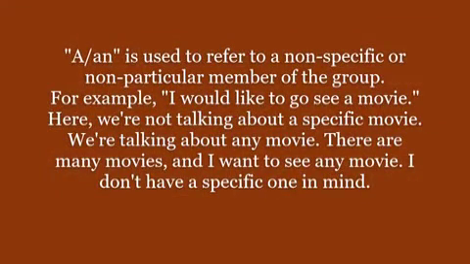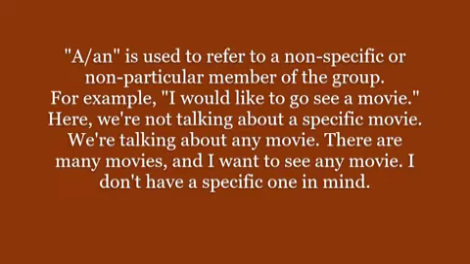A or an is used to refer to a non-specific or non-particular member of the group. For example, I would like to go see a movie. Here, we are not talking about a specific movie.